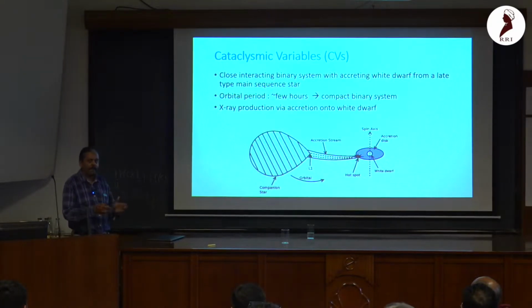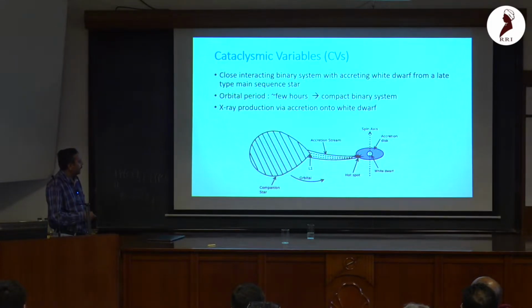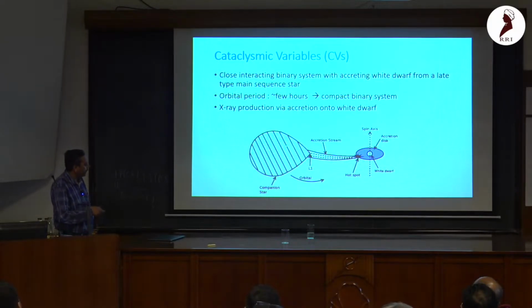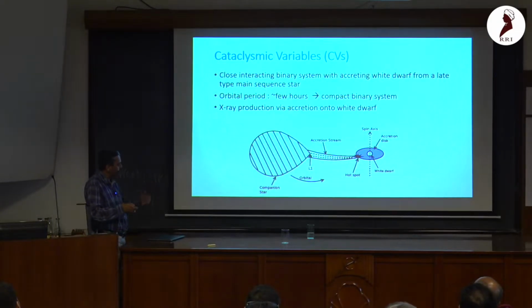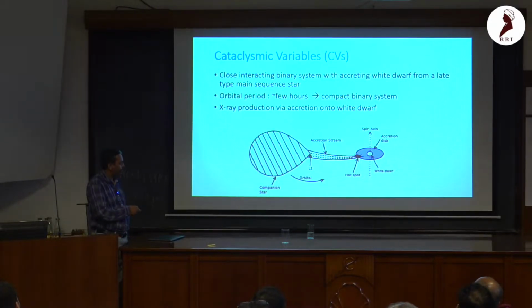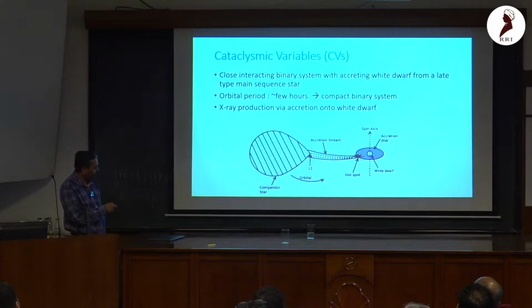So there is a wide variety of stars that undergo these kinds of variations, and the X-rays, as usual, are produced via the accretion process. There is a white dwarf and a late-type main sequence star, and when the material overflows its Roche lobe, it flows from the secondary star to the primary, and to conserve angular momentum, it forms an accretion disk, and that's how the X-rays get produced. The simple picture looks something like this.